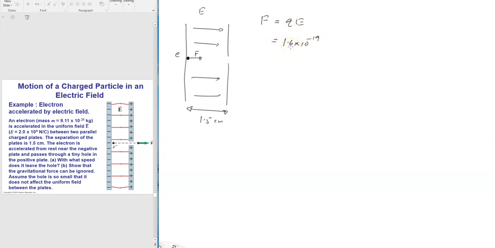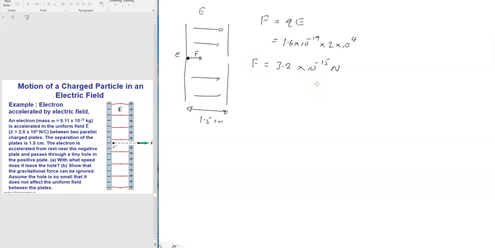The negative sign gives you the direction in this case, so don't worry about that. Multiply by the electric field, 2 times 10 to the 4, so that gives you 3.2 times 10 to the negative 15 newtons. That's the force.